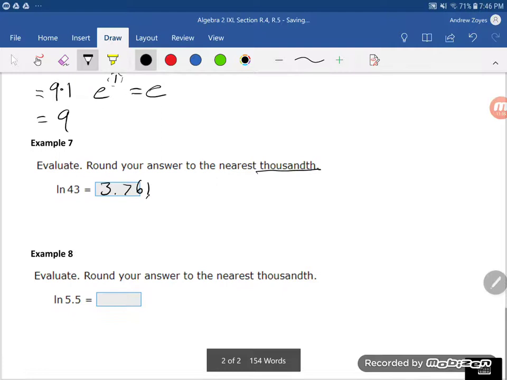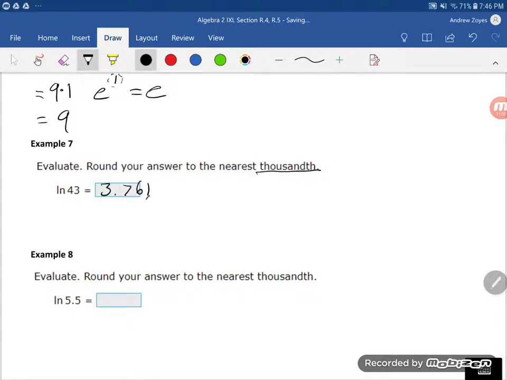Okay, last question. Evaluate ln of 5.5. You really need your calculator at this point. You can type that in and the calculator does the work for you, but don't mess up the rounding. So we get 1.7047.